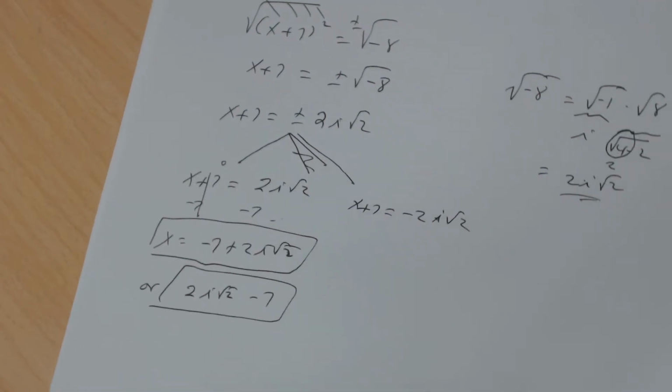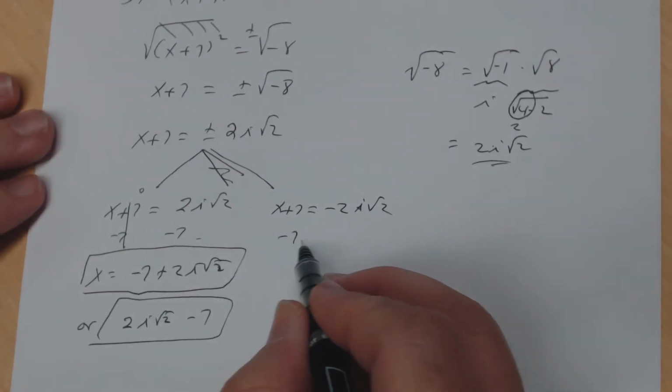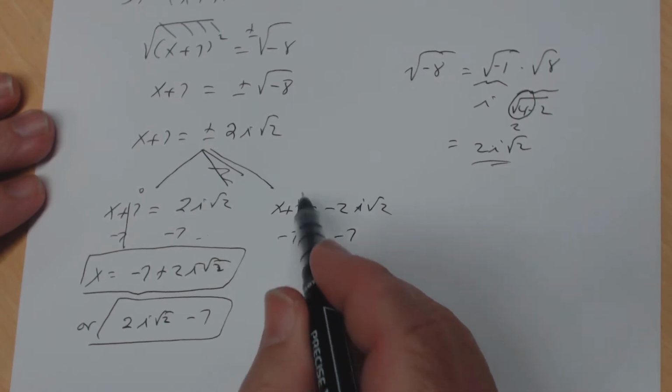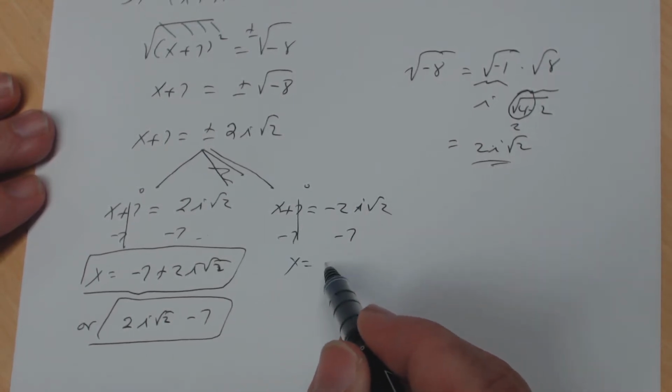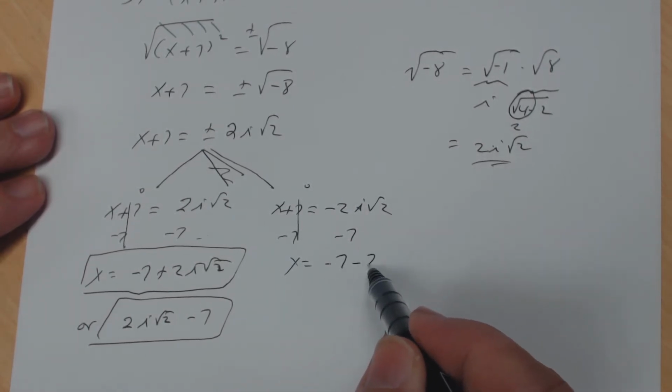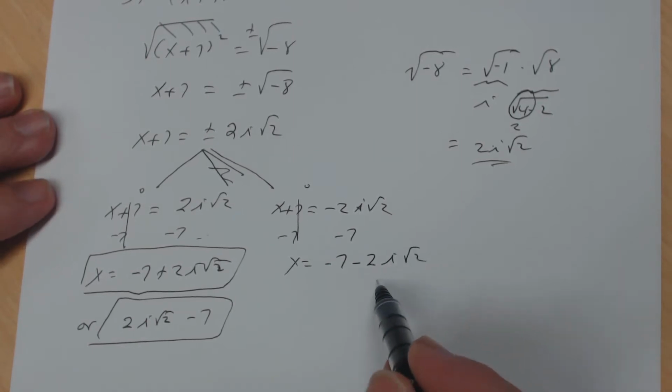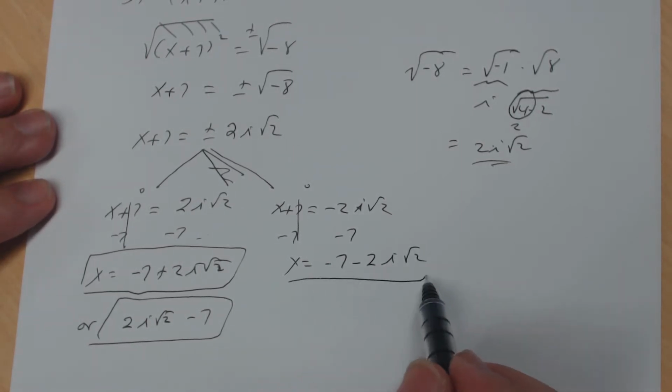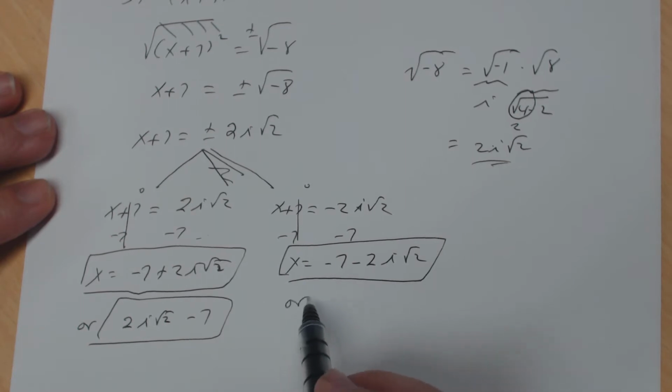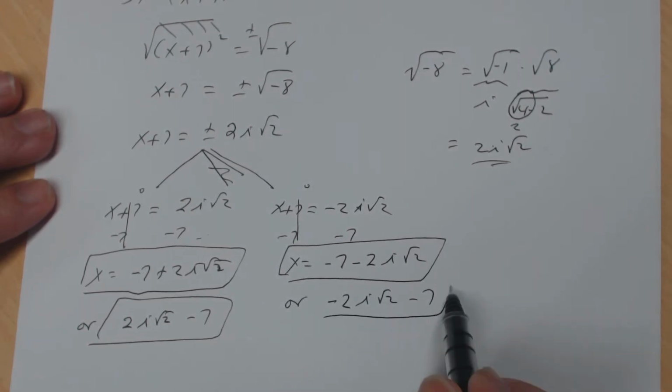Okay. Over here, subtract 7, same thing. Subtract 7, we get x equal negative 7 minus 2i square root of 2. Again, that's the way we tend to write it, but if you wrote it as negative 2i square root of 2 minus 7, there's nothing wrong with that.